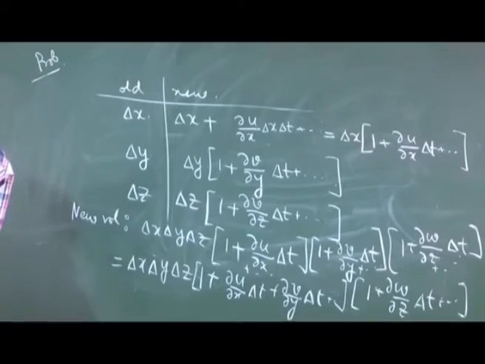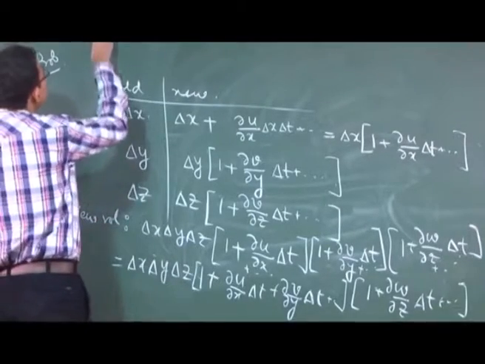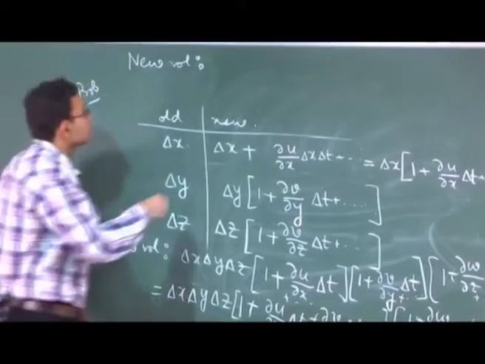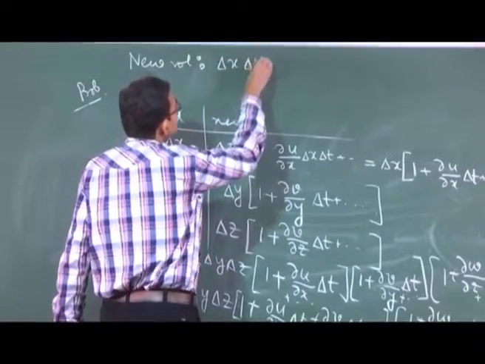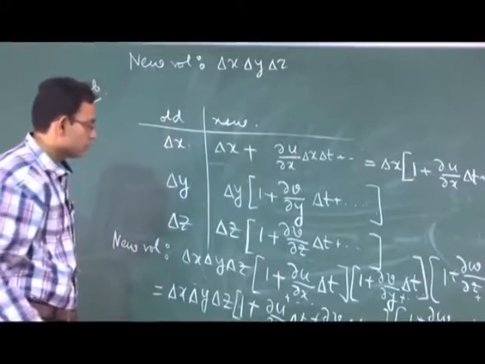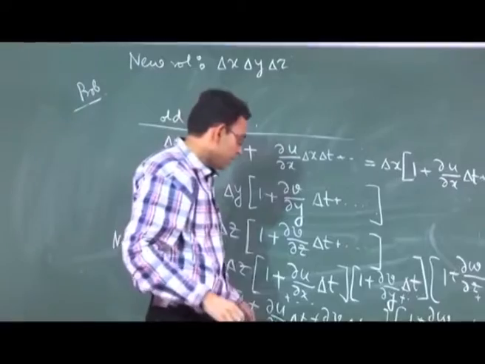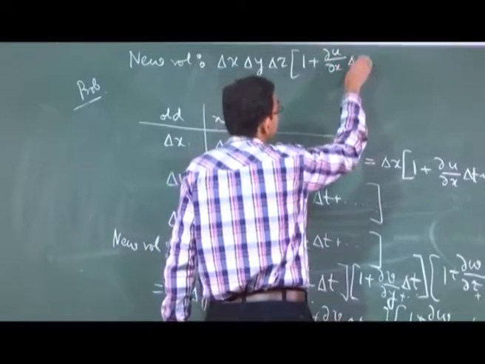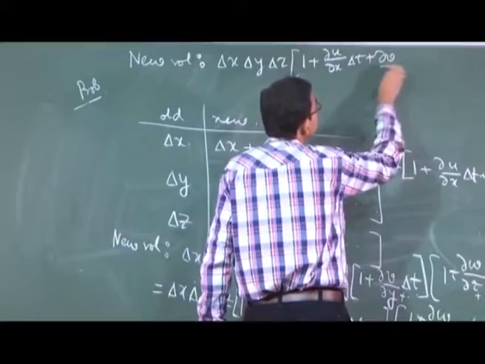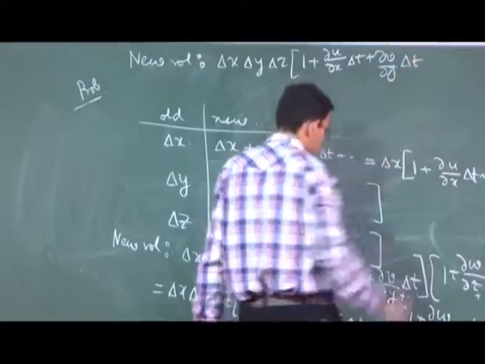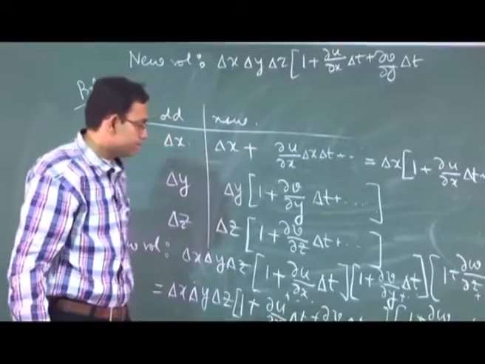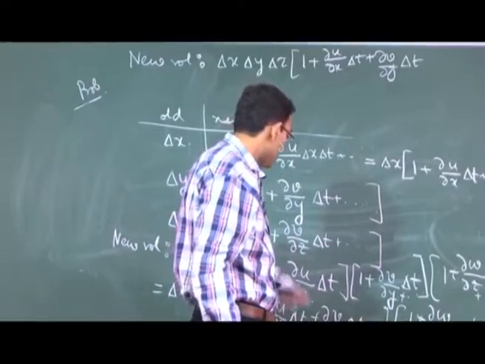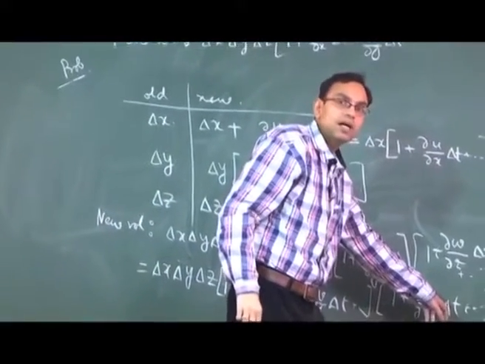So, the new volume, so, you multiply the first term with 1, then the second term you just multiply with the first one because the remaining, when the second term gets multiplied, it becomes delta t square.